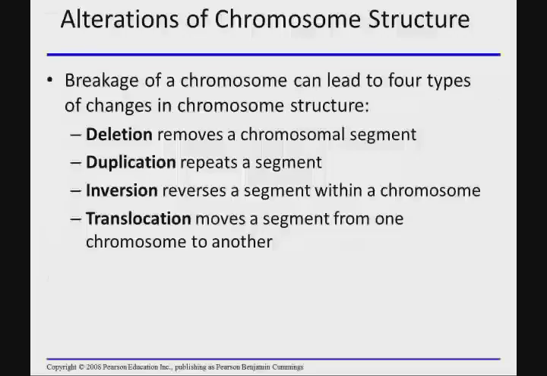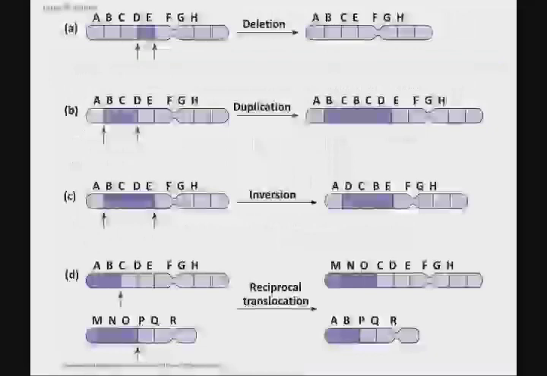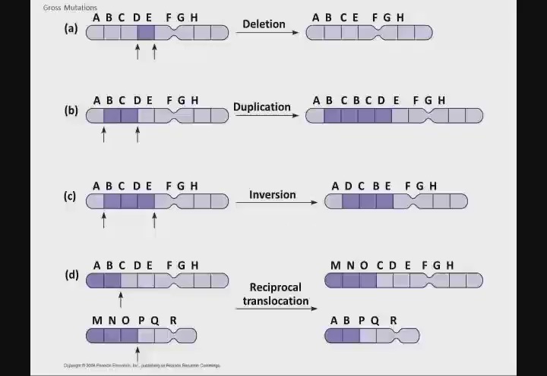All right. Now, if we alter the chromosome structure, we also can see massive changes. So we have deletions, duplications, inversions, and translocations. Right? So just a diagrammatic look at that. With deletion, you remove a part of the chromosome. Duplication, you duplicate a part of the chromosome. Inversion, you flip it. And reciprocal translocation is you're swapping pieces.